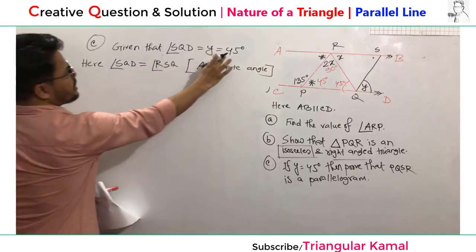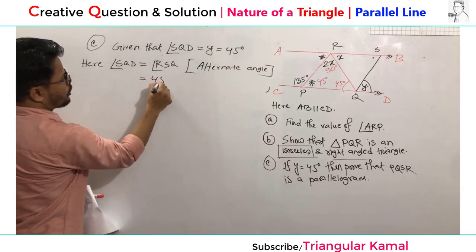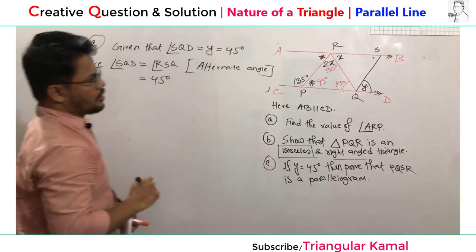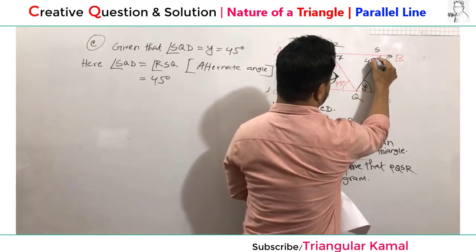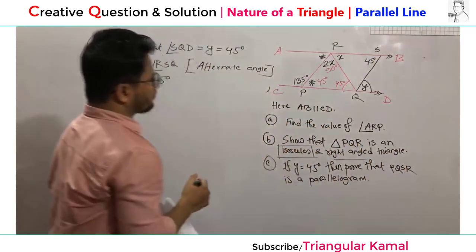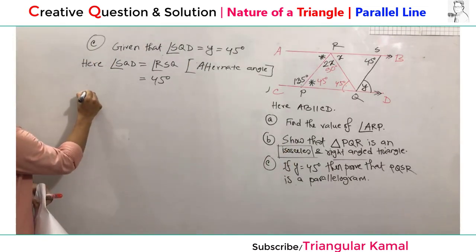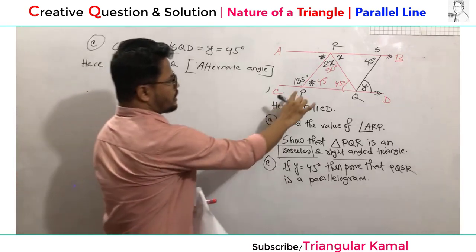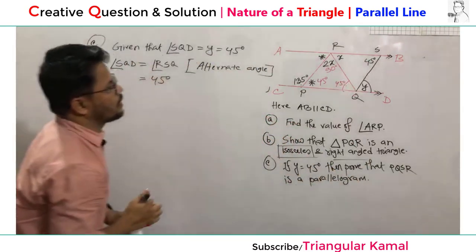And if this angle is 45 degrees, definitely this one will be 45 degrees. So this angle is also the 45 degree angle. Finally, we can say here two opposite angles are equal. This angle is 45 degrees, this one is 45 degrees.